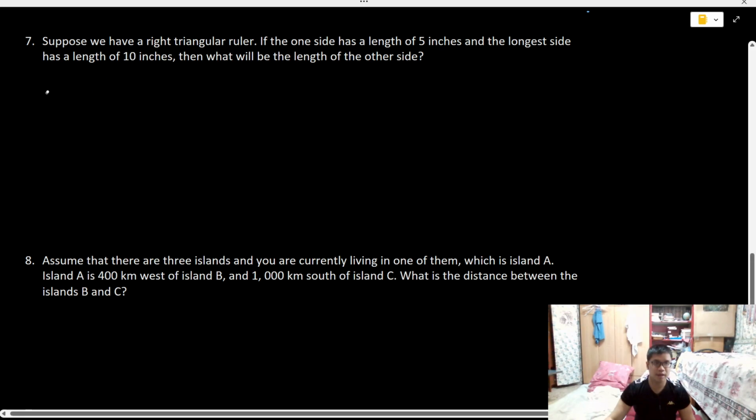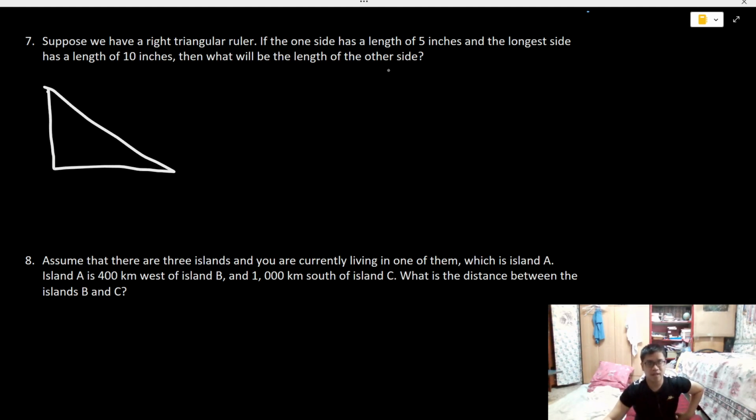Let's just say that this is your right triangular ruler. If one side has a length of 5 inches, we can just put 5 here, on the top or on the base. It's clearly up to you. But for me, I would rather just put 5 inches here.